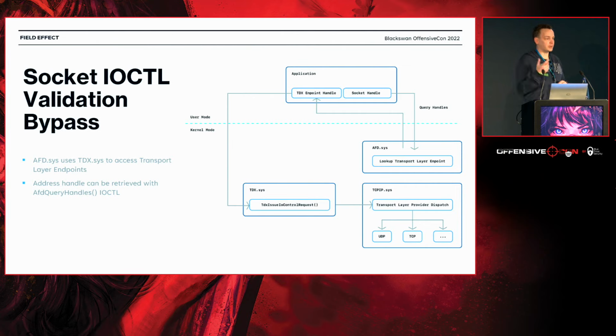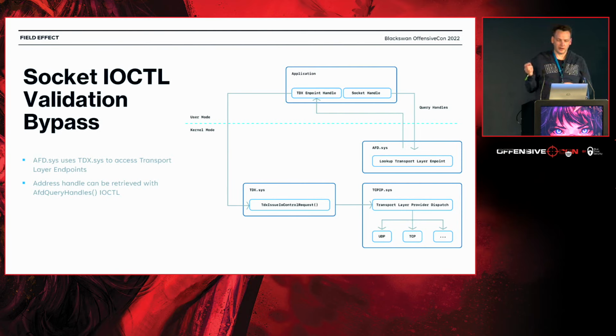And one of the AFD functions in that big dispatch table was a function to query those handles. So if you create the socket in just the right way, and then issue this query handle call, AFD will return a handle to the TDX endpoint. We couldn't open it directly, but if the kernel is kind enough to give us a handle, then we could start talking to it. With that handle, we were able to call into the TDX driver's ioctl interface and bypass AFD entirely, and all the protections in there.